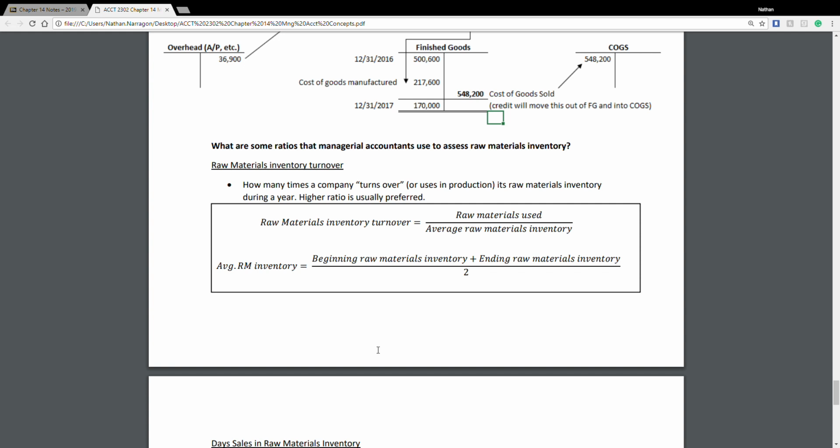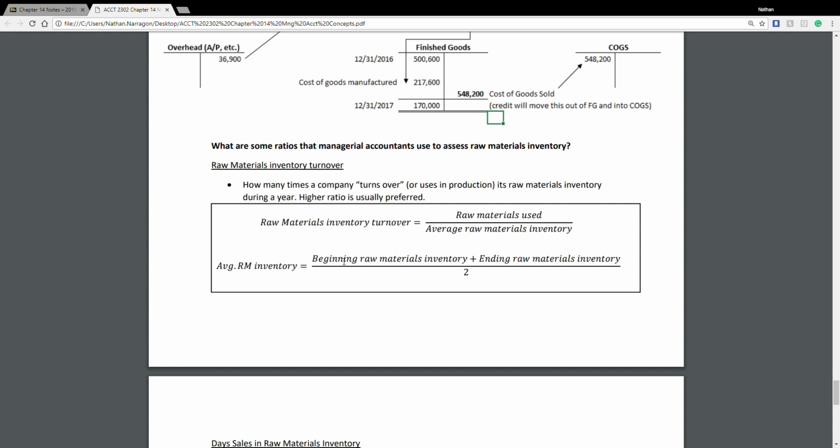That means there are fewer materials sitting in the warehouse, not being used. Usually, you're going to see a higher ratio in something that's more just in time. So mostly custom manufacturers will have a higher ratio because they're only going to order raw materials when they need to make something.